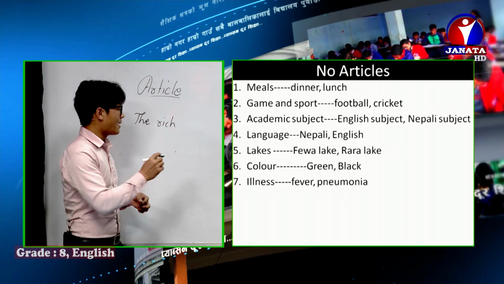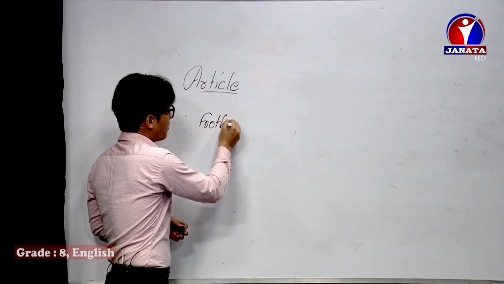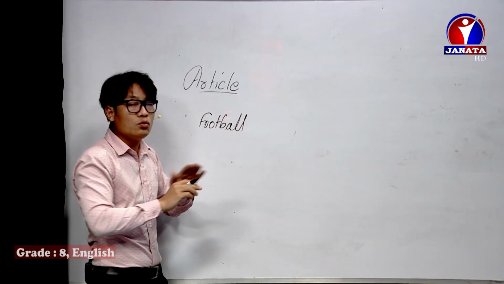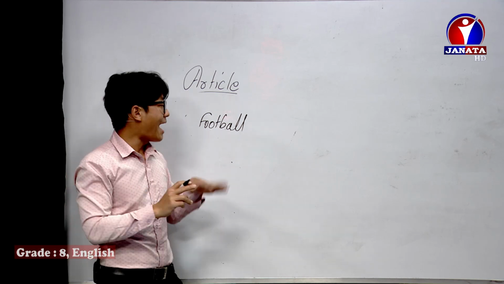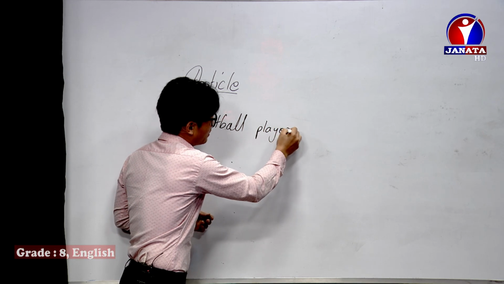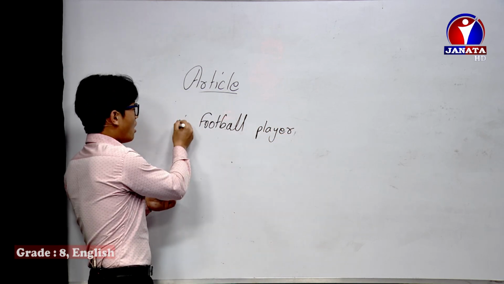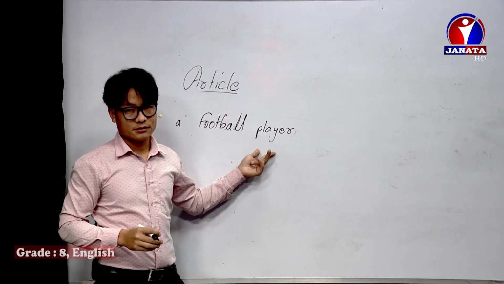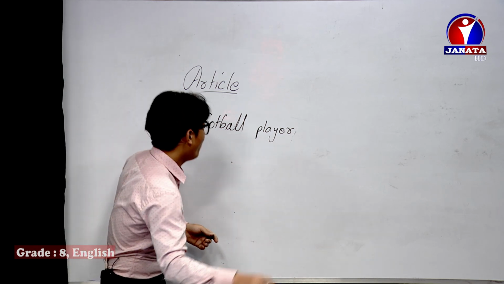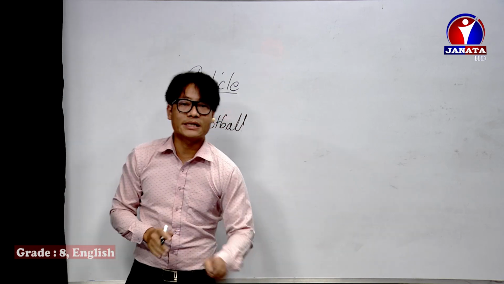Let me give you one example. If there is only football, then no article. But after football, if you write a singular noun, player, then we should use a football player. But if there is no noun player, just football, then we should not use any article.